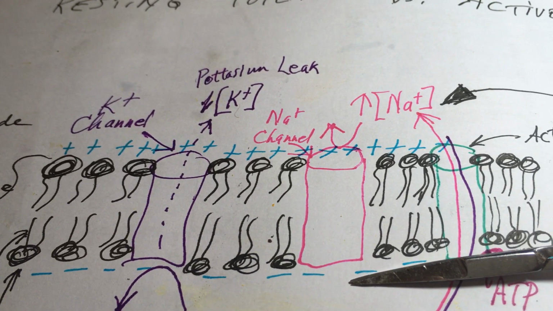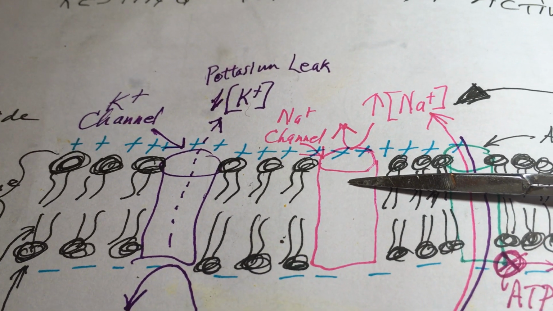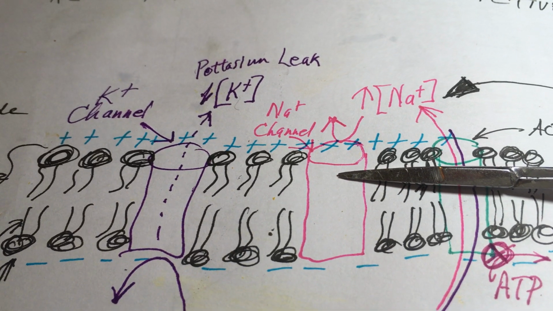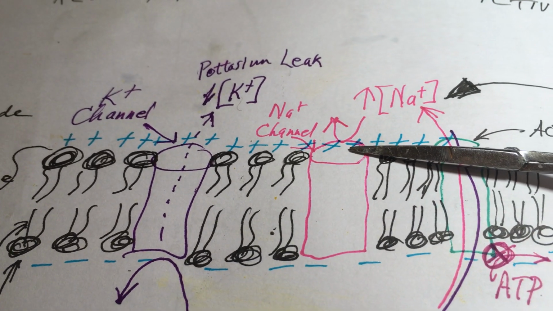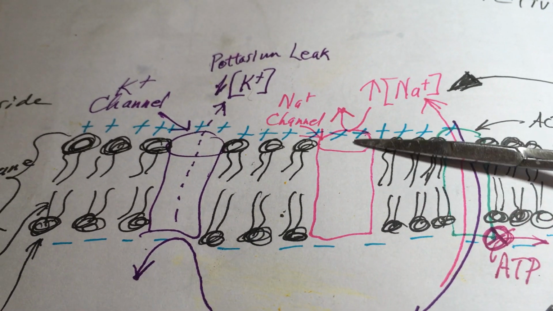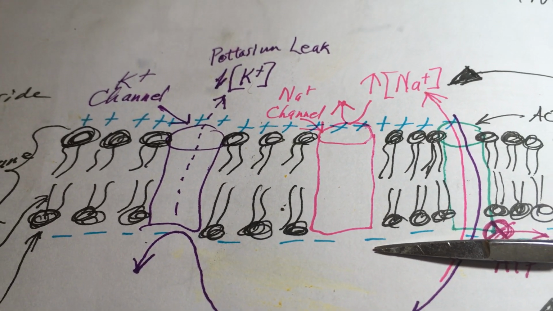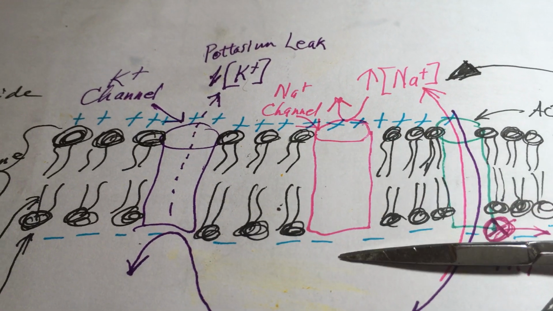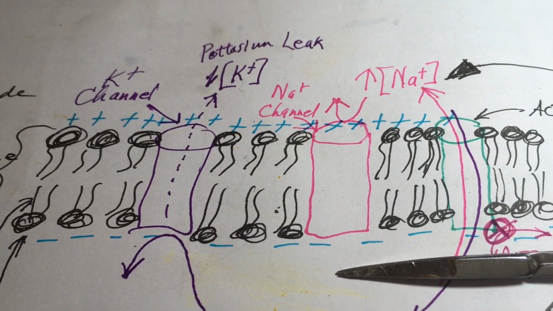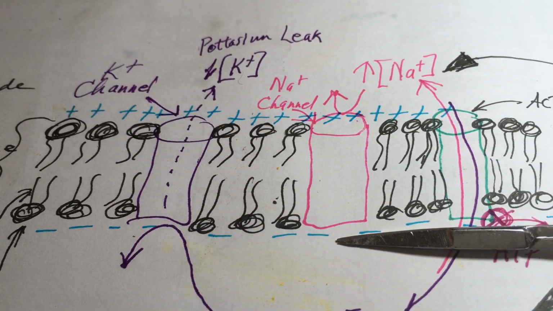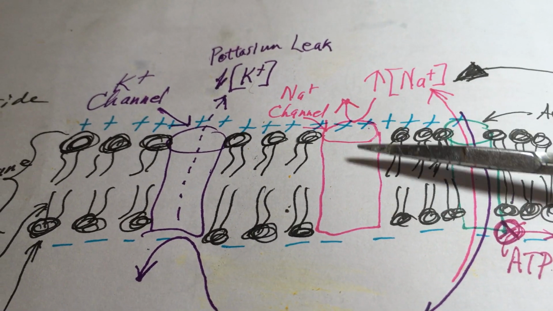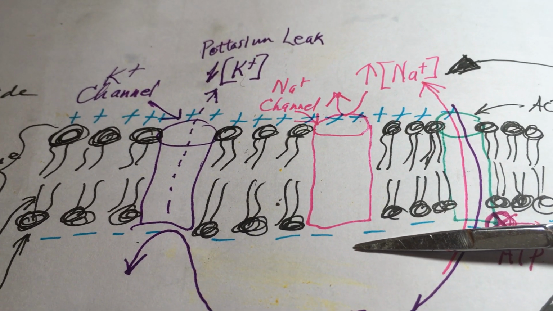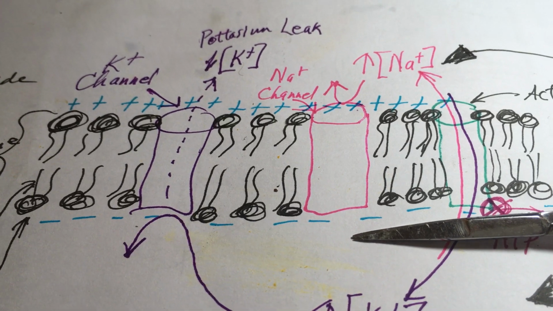I have maybe a neurotransmitter that, when bound, will open the sodium channel, and in so doing, sodium passes through and we get depolarization. That's the definition of depolarization, opening a sodium channel, because the positive moves toward the negative, and we're going to depolarize. We're going to reduce the voltage.